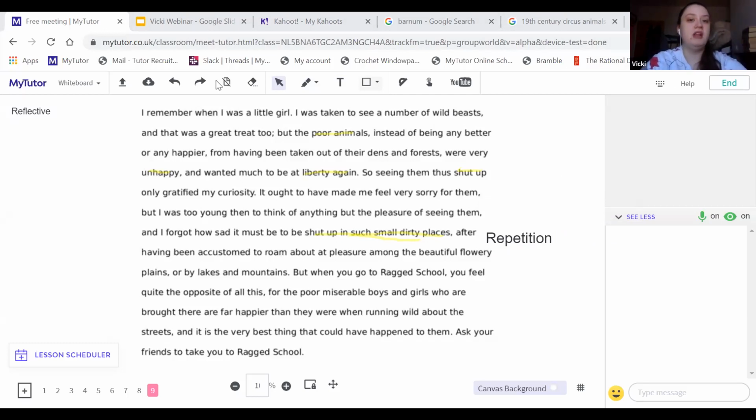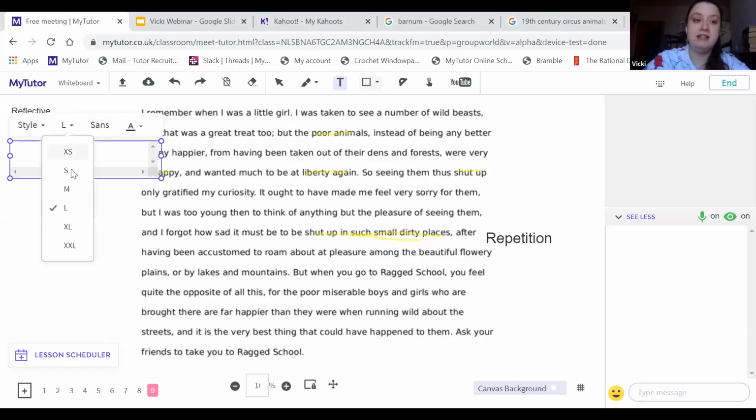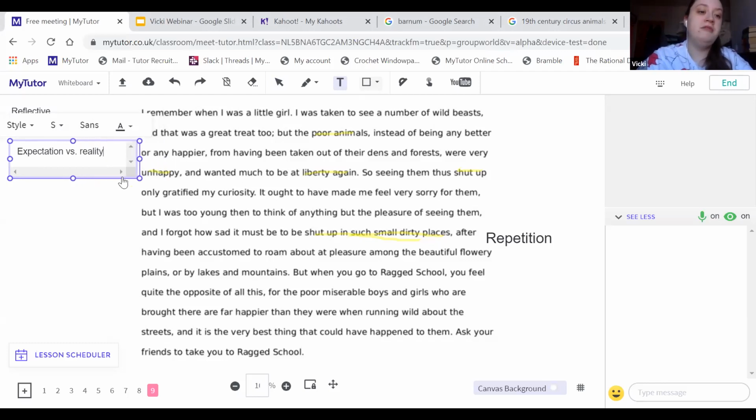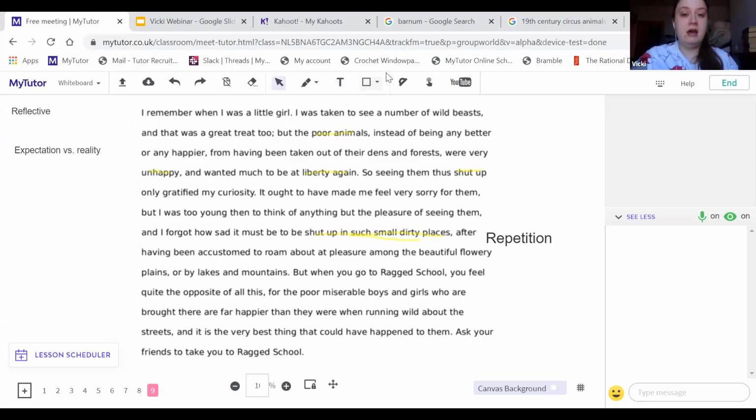So that is something that I've picked up on, and something I'm going to write about. But I'm going to label it slightly differently to how you have done, although what you've said is completely right. So I'm going to talk about expectation versus reality. So what we envisage, what we think we're going to go and see, and then what we actually see, and what those differences are, which is what you've picked out, which is fantastic.